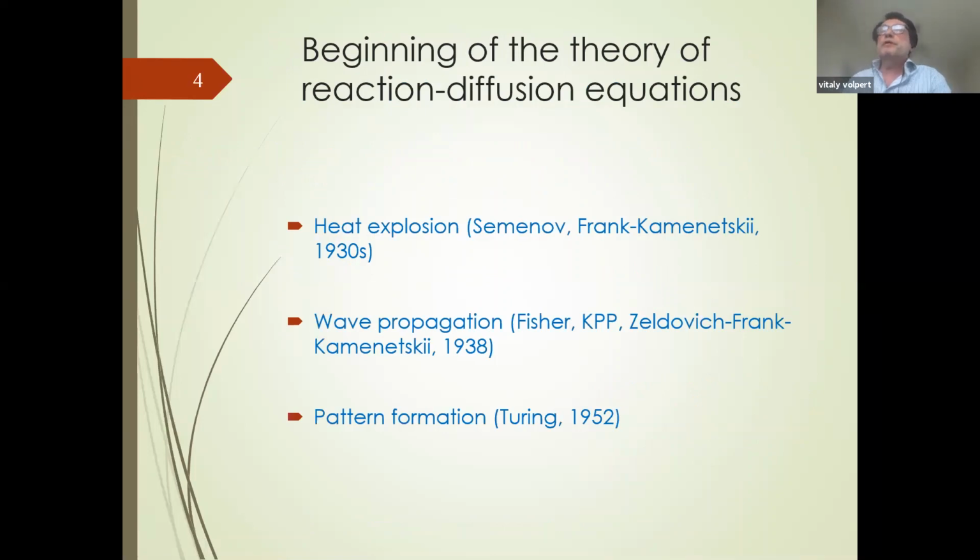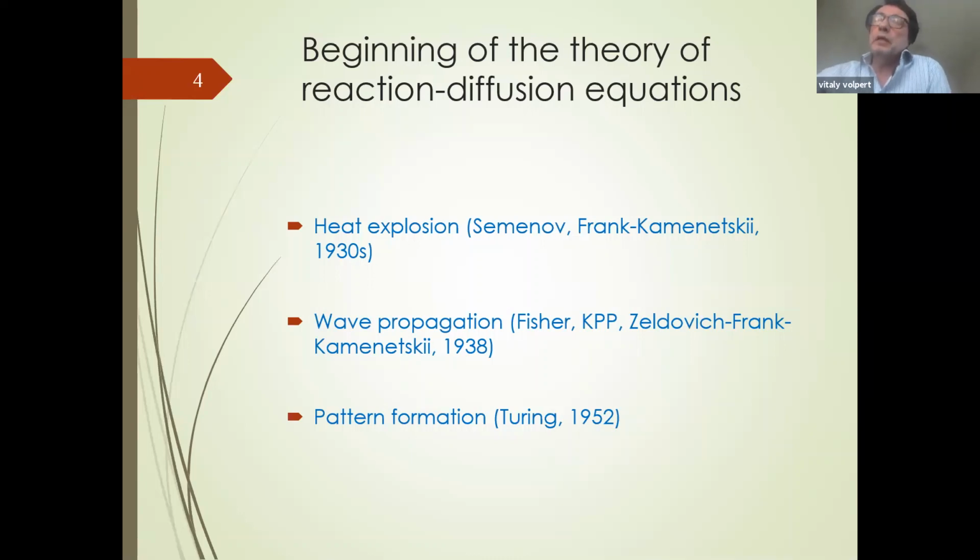So the theory of reaction diffusion equations becomes already rather old. It will soon be about 100 years. Basically, in the 1930s, there were some works before, but basically, this theory appeared due to the works by Semyonov and Frank-Kamenetsky in heat explosion.